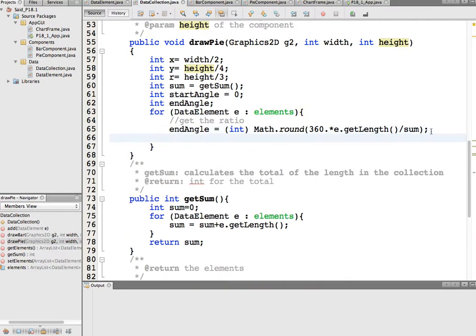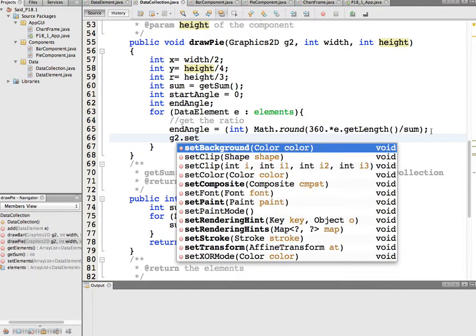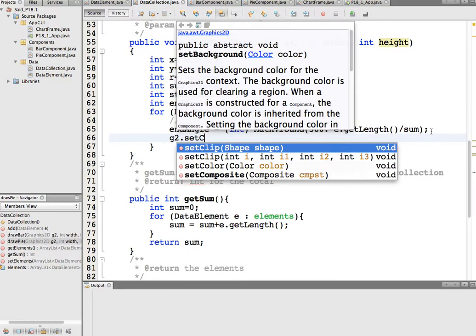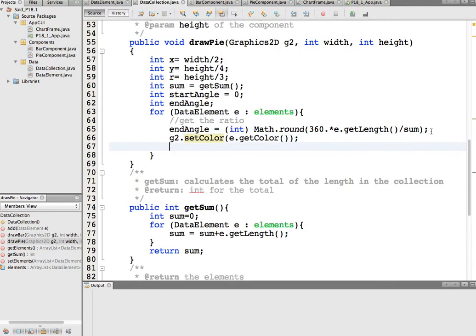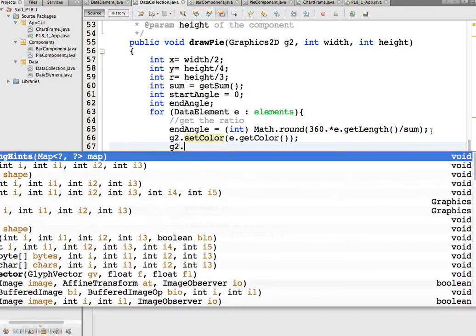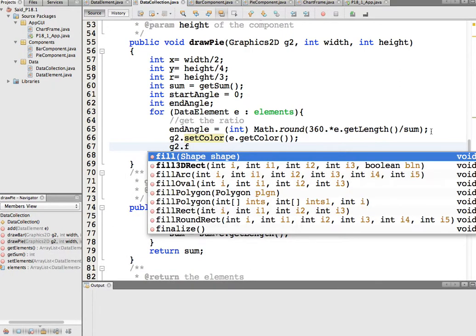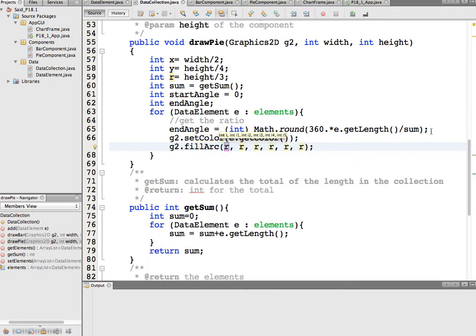So we say g2 dot set color, and we say that this is E dot get color and g2 dot fill arc. And maybe I should also do the rectangle as fill rectangle.